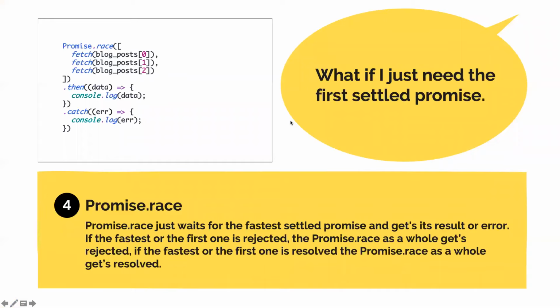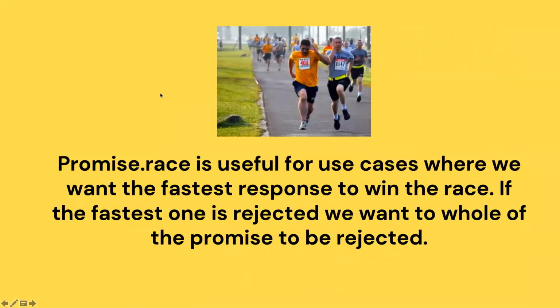And another thing is that we just want the first settled promise. Like we have spun up 10 promises, and the first one that settles, either resolves or rejects, we want that as a result. So in that use case, we use Promise.race, and Promise.race is like the fastest one will win.